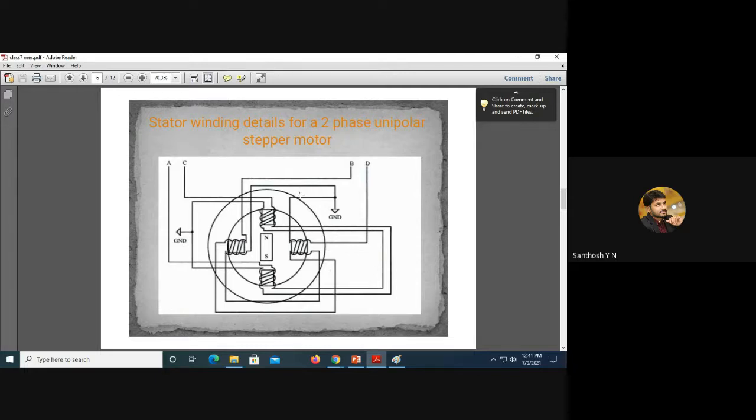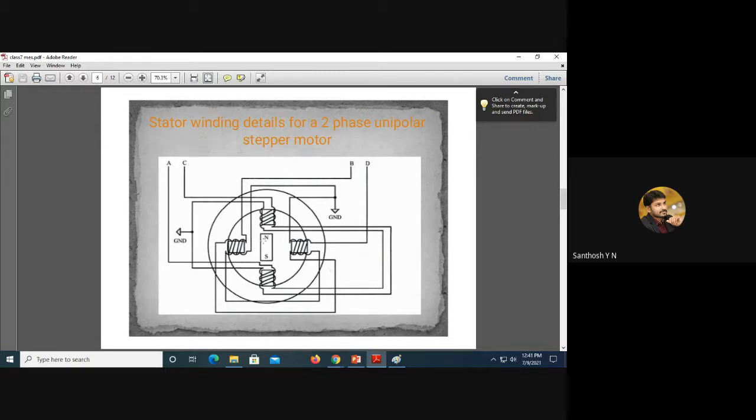If you observe here, this is a magnet which has two poles, the north as well as the south pole. There are various windings here. This winding is C, this winding is D, this winding is B, and this winding is A. The windings or coils will be energized based on the type of rotation required.